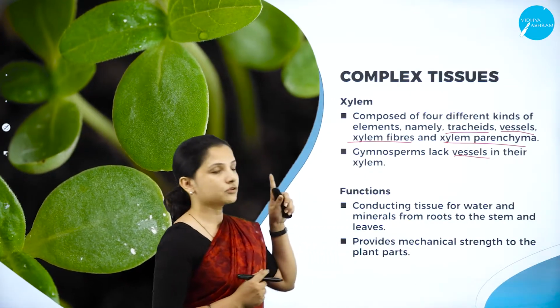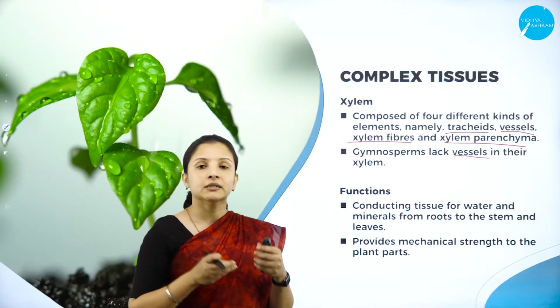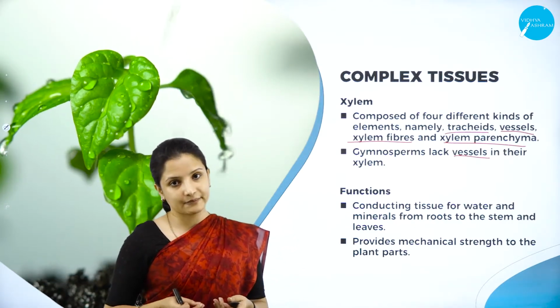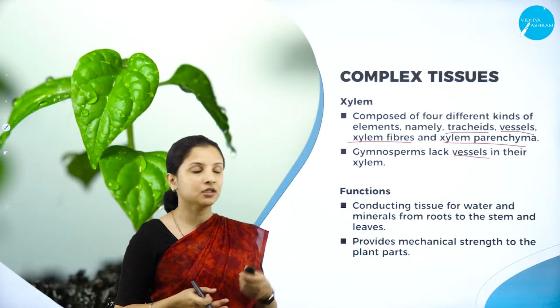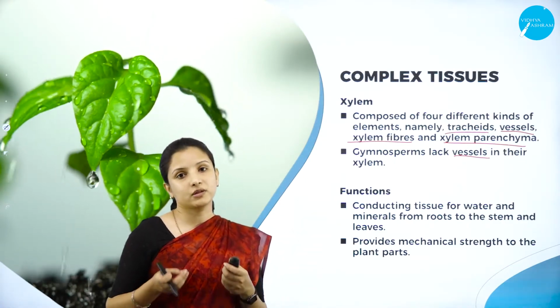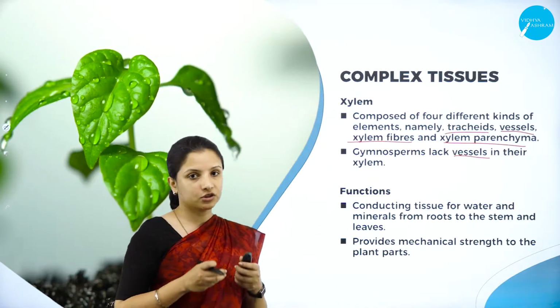So gymnosperms only have tracheids, xylem fibers, and xylem parenchyma. In gymnosperms, the vessels are absent, but all the other plants have the rest of the xylem elements along with the vessels. So this is one peculiar feature of the gymnosperm members.